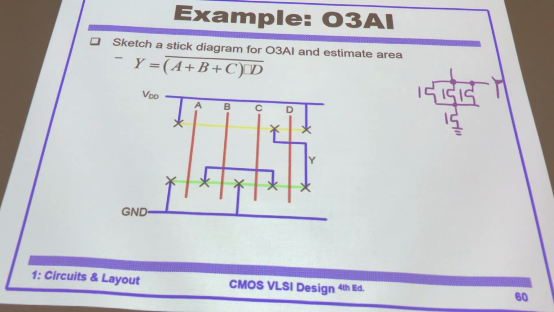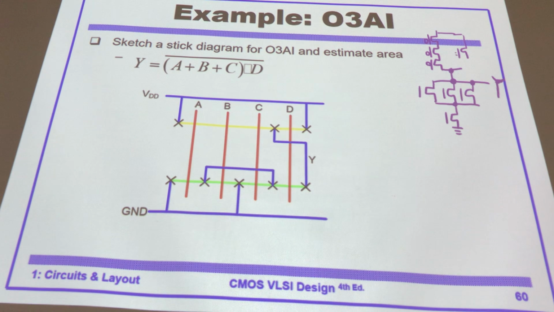As I mentioned before, the duality or the complement form. When these three are in parallel, then it must be in series with PMOS transistors, right? The PMOS transistors in series, and connect with one PMOS transistor in parallel.